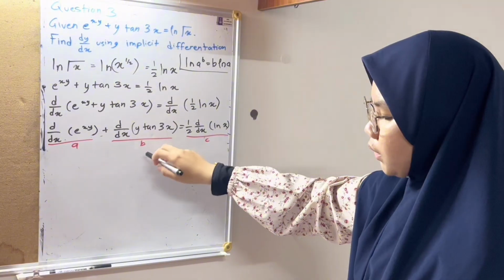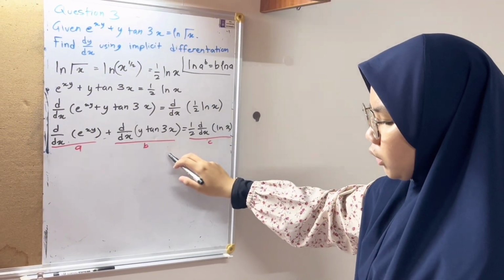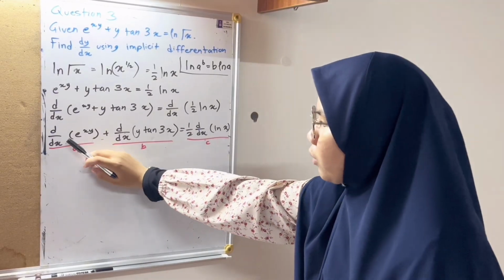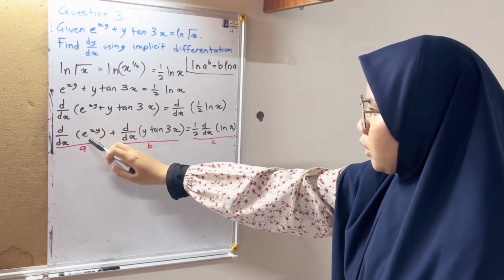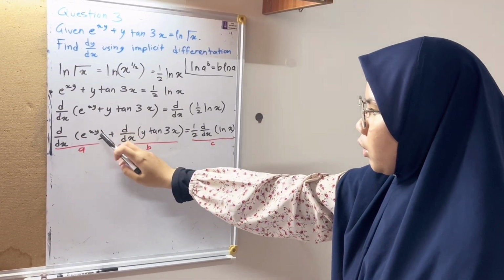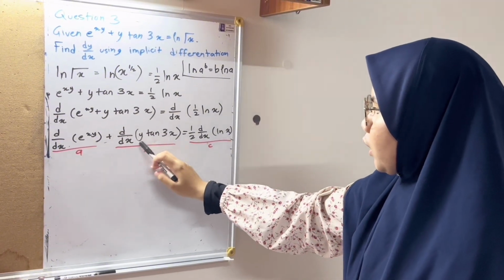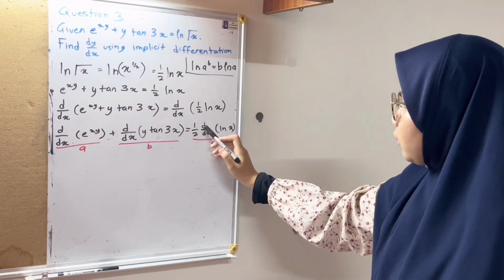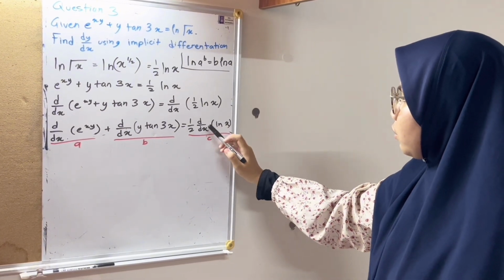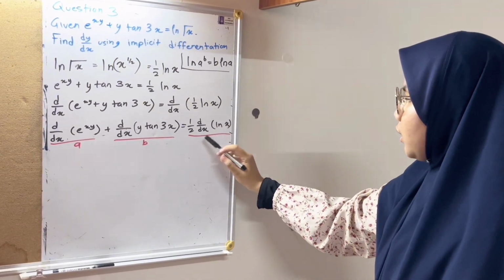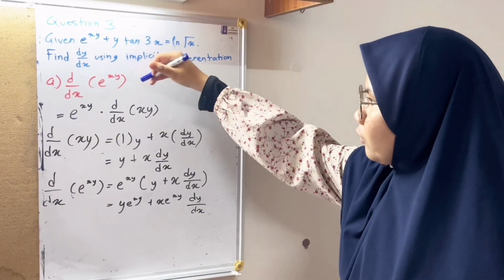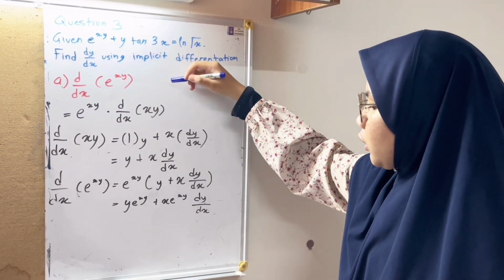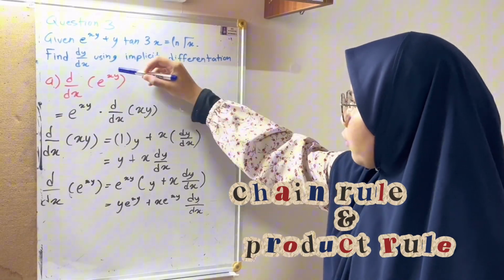We need to separate this into the differentiation of the three terms, like this. What I did is d over dx e to the power of xy as a, d over dx y times 3x as b, and 1 over 2 d over dx ln x as c. First, we need to differentiate e to the power xy. We have to use the chain rule and product rule for xy.